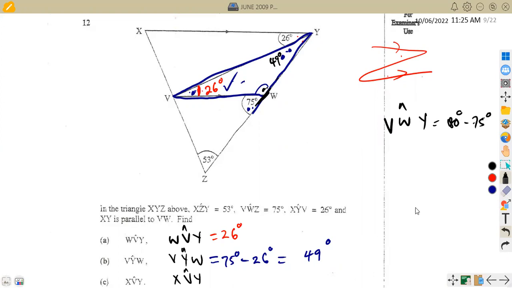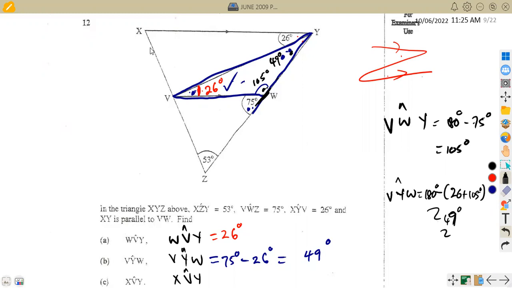Guys, make sure that you subtract properly: 180 minus 75 is going to give us 105 degrees. So this will be 105 here. And we know that angles in a triangle add up to 180. So to find the angle VYW, we subtract these two angles, 26 and 105, from 180. You're going to obtain the same angle of 49 degrees. Okay, so that was another alternative.